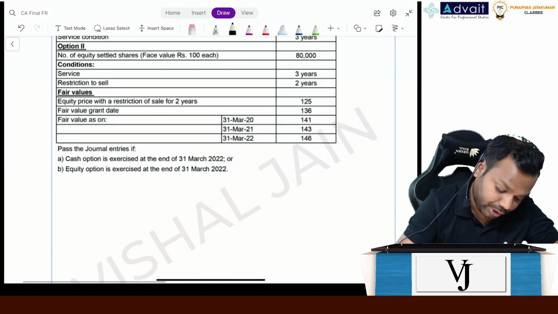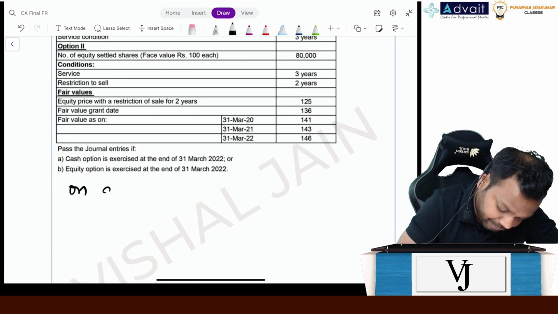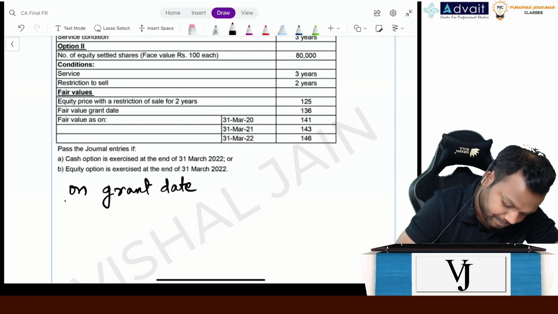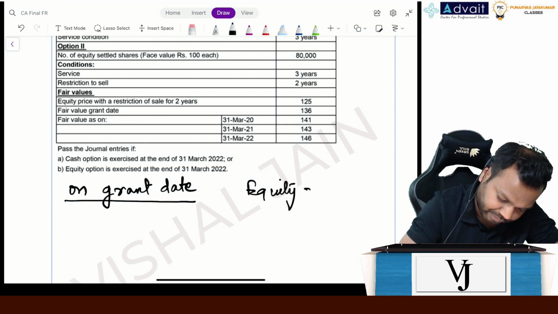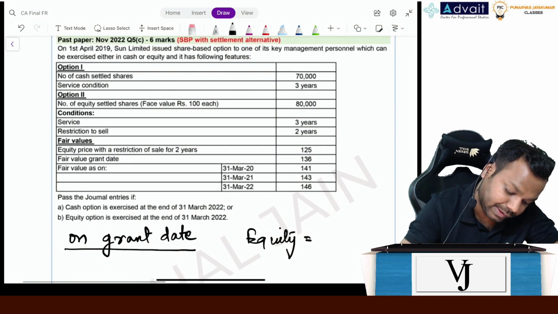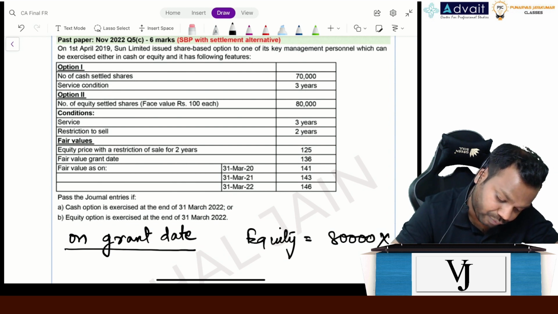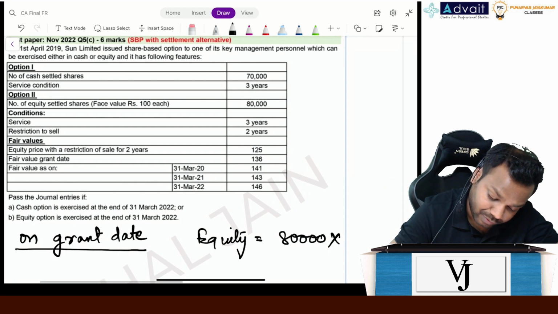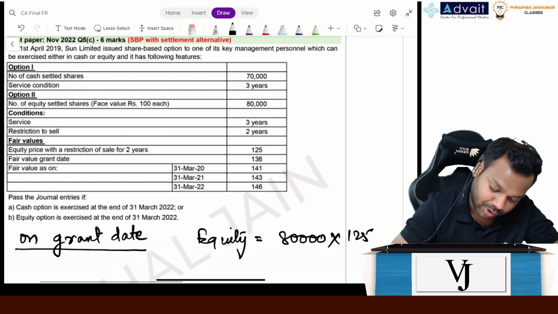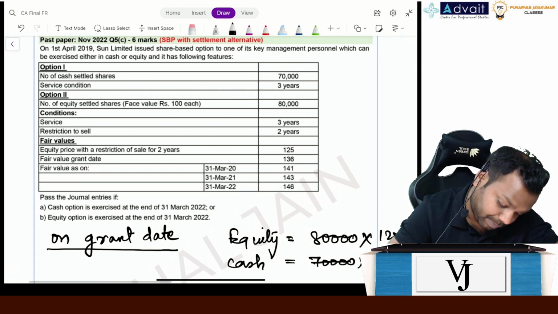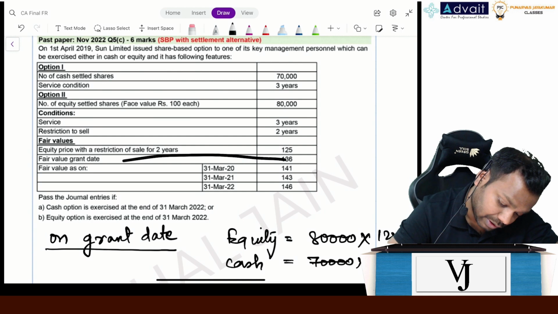So what is the value of equity option? Tell me on grant date. Equity is valued at 80,000 options, multiplied by the equity price with the restriction, 125, on the grant date. Now what is the value of cash settled option? 70,000 multiplied by, what is the price? 136.